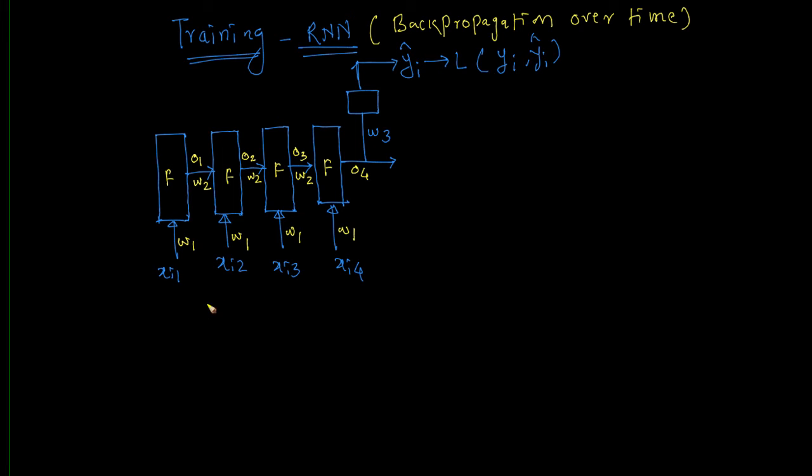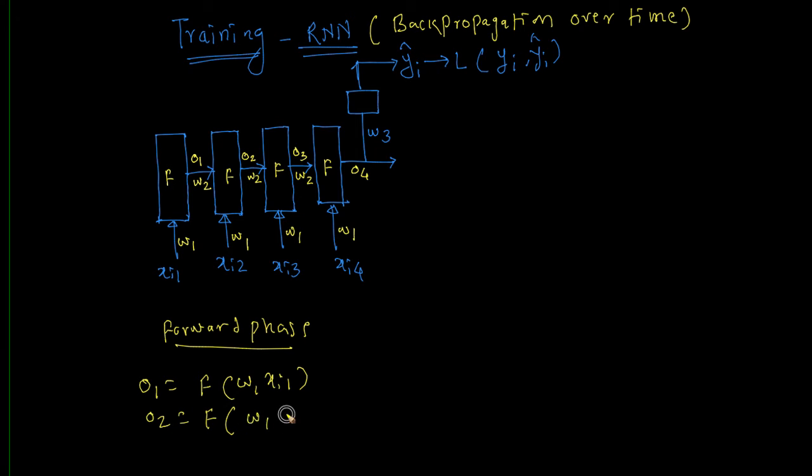Now in the forward phase, we'll be getting these outputs. O1 is equal to f of w1 into xi1. O2 is equal to f of w1 xi2 plus w2 o1.